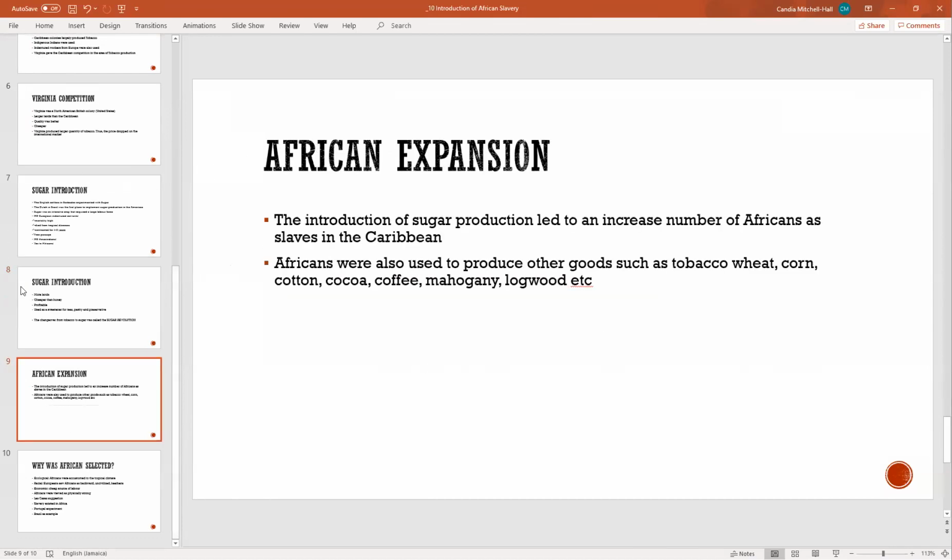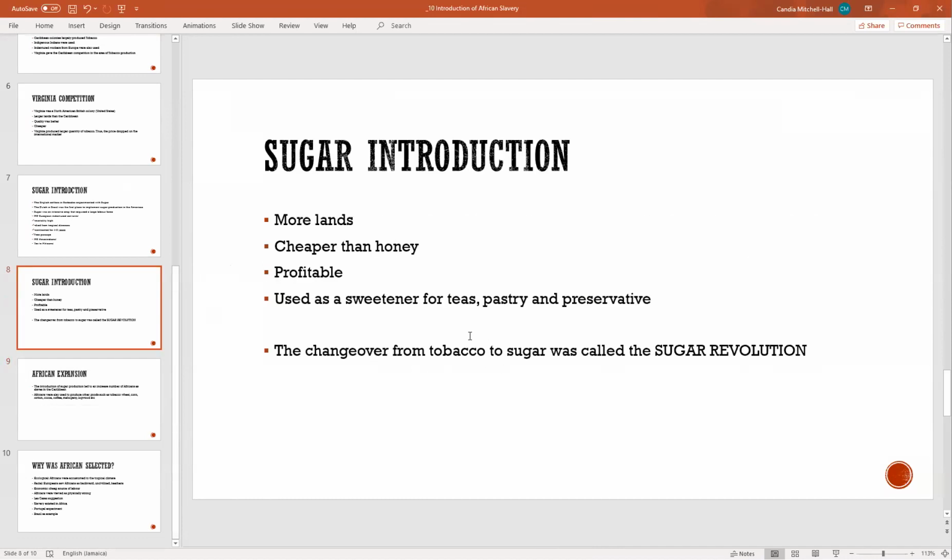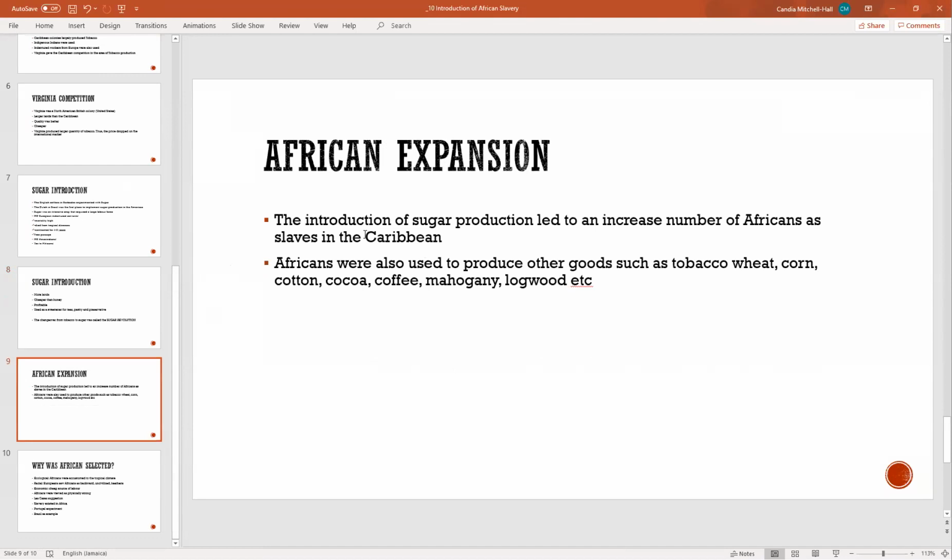Now, as a result of this change over from tobacco to sugar, they are going to use Africans from Africa as slaves to work on the sugar plantations. And so the number of Africans is going to increase significantly in the Caribbean.